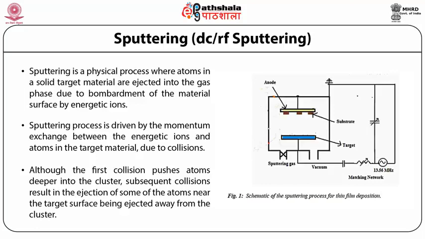Although the first collision pushes the atoms deeper into the cluster, subsequent collisions result in the ejection of some of the atoms near the target surface away from the cluster.